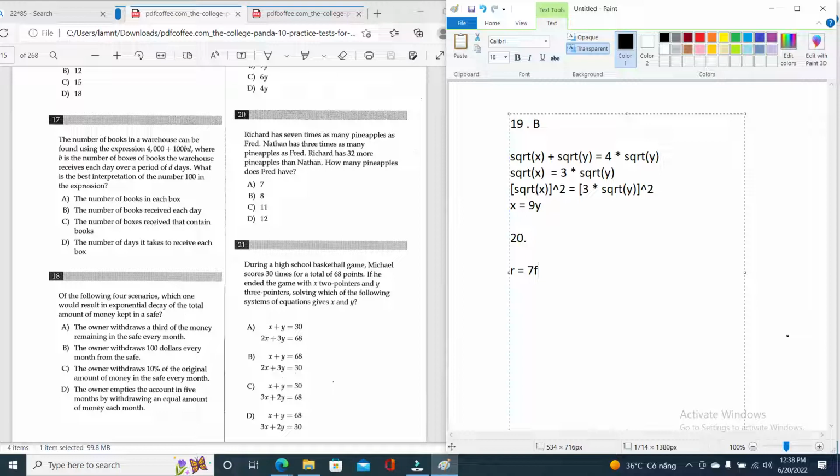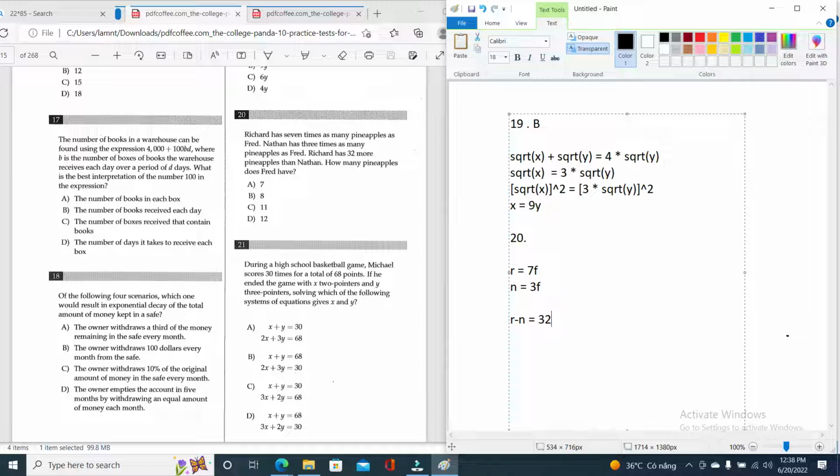Nathan has 3 times as many pineapples as Fred, so N equals 3F. And Richard has 32 more pineapples than Nathan, so R minus N is equal to 32.